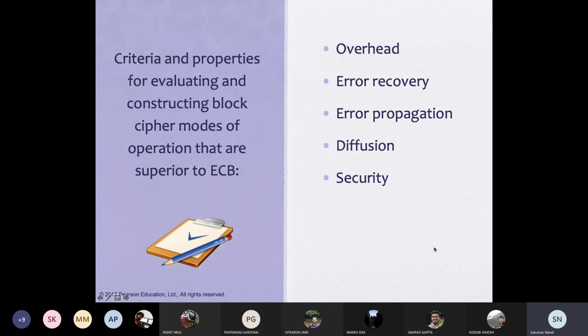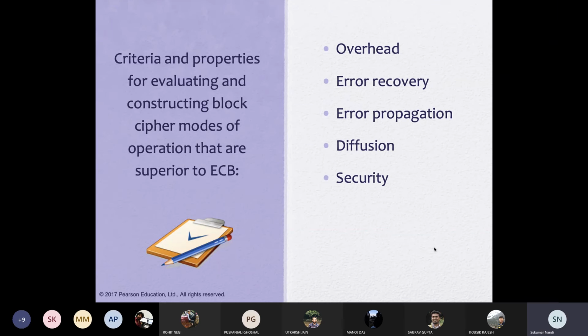Now for the remaining operation modes, we want to evaluate with respect to overhead, error recovery, error propagation, diffusion, security. Electronic code book mode, does any overhead exist? No, because we take a plaintext block, convert it into ciphertext and communicate it. So no overhead.